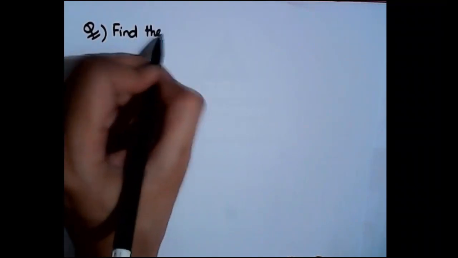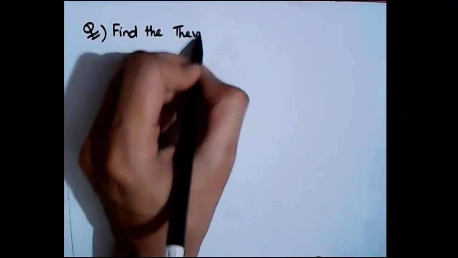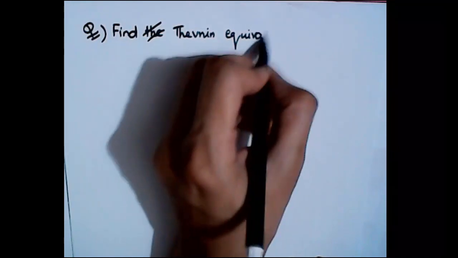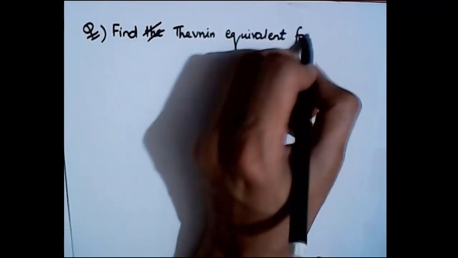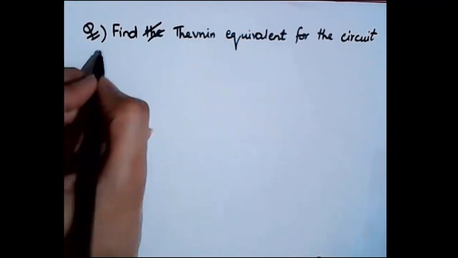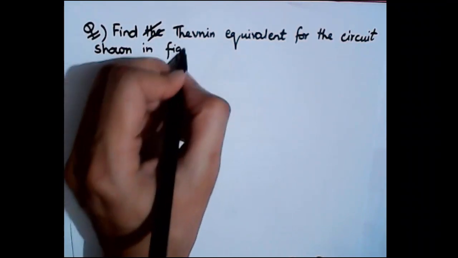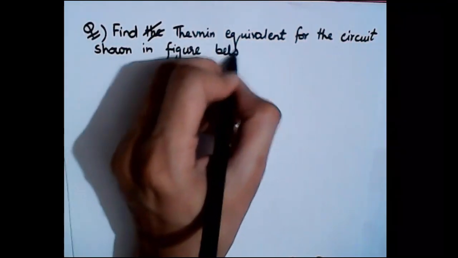So the statement of the question is again the same, and it says find the Thevenin equivalent for the circuit shown in the figure below, right?